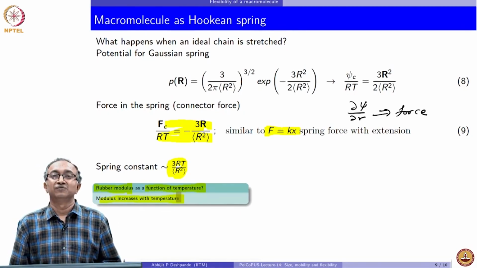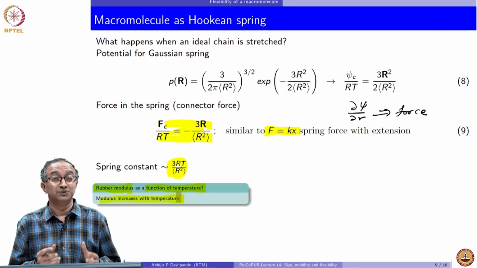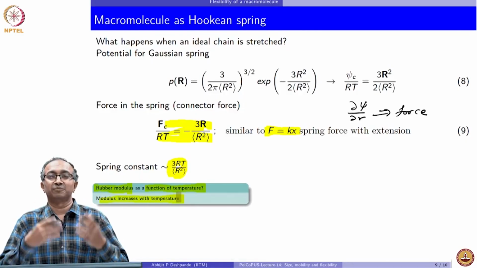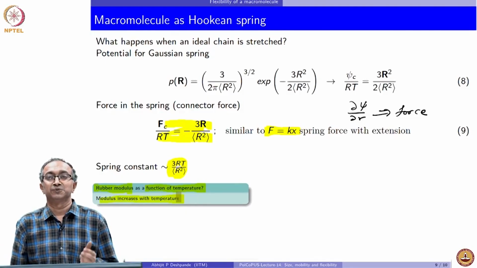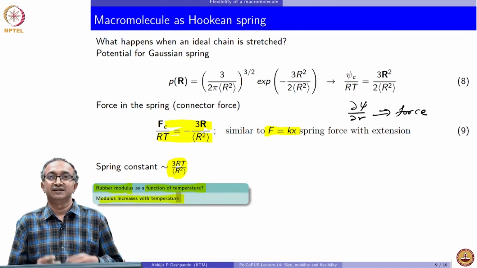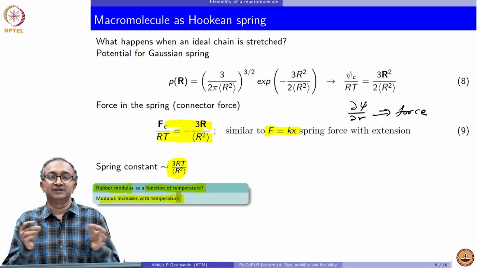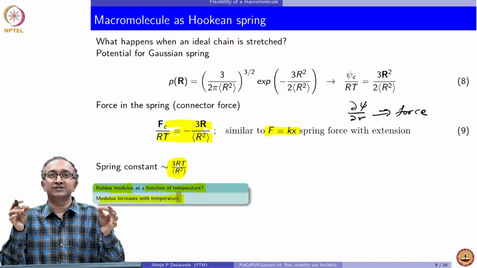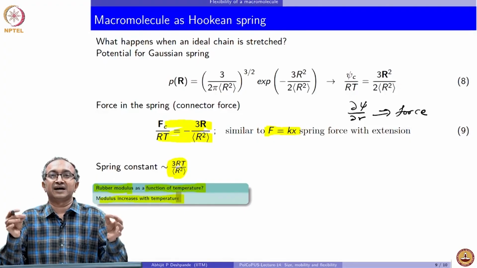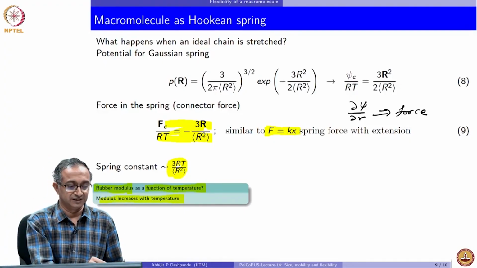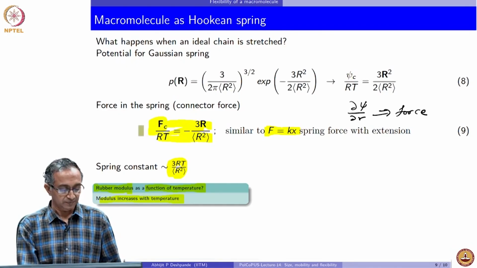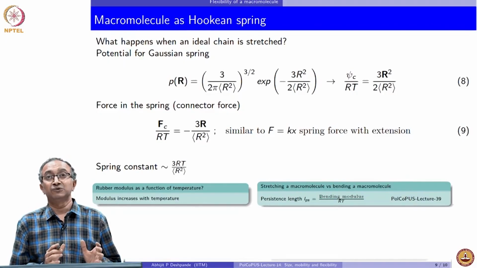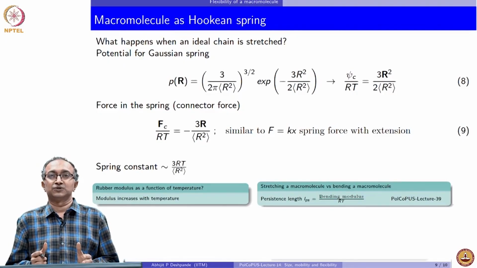But for rubbers, where the elasticity is due to macromolecules adopting different conformations, the modulus is proportional to temperature. That can be explained by the idea that entropy changes when we stretch a macromolecule, or the two ends of the macromolecule feel an interaction psi c as we have written here, and therefore there is a force of interaction. So with this, we have looked at stretching of macromolecules also.